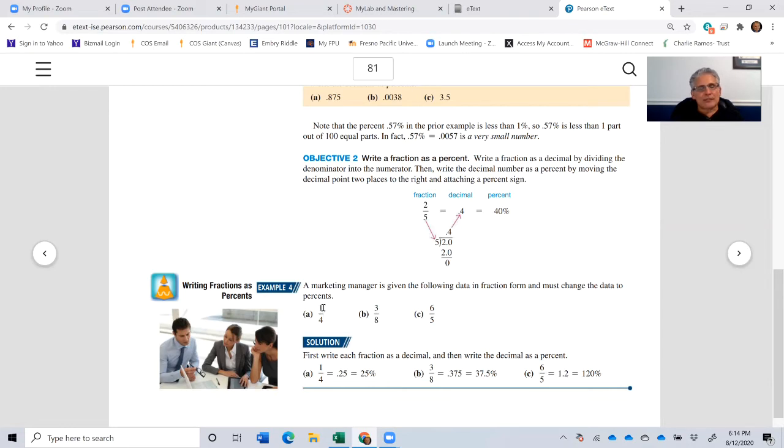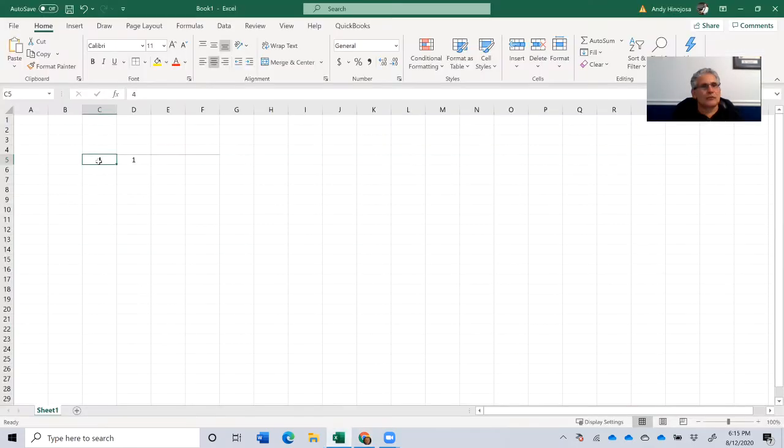And the way we do that is we have 1 over 4. If you remember, 1 over 4 is like saying 1 divided by 4, which means 4 goes into 1. The decimal point goes here to the right because it's 1 point, so 1 with the decimal point.